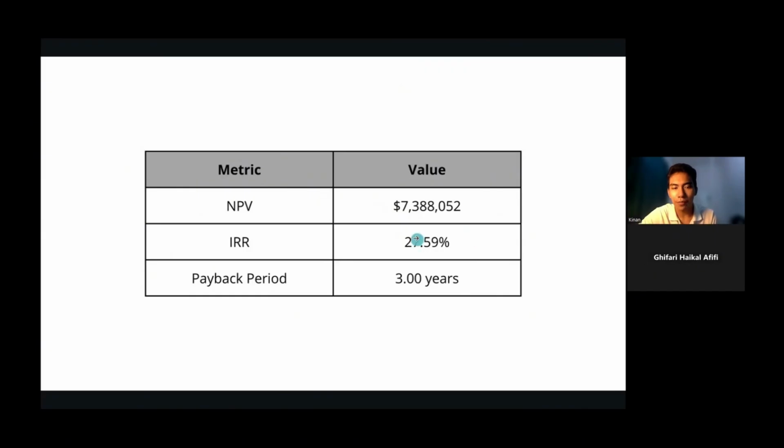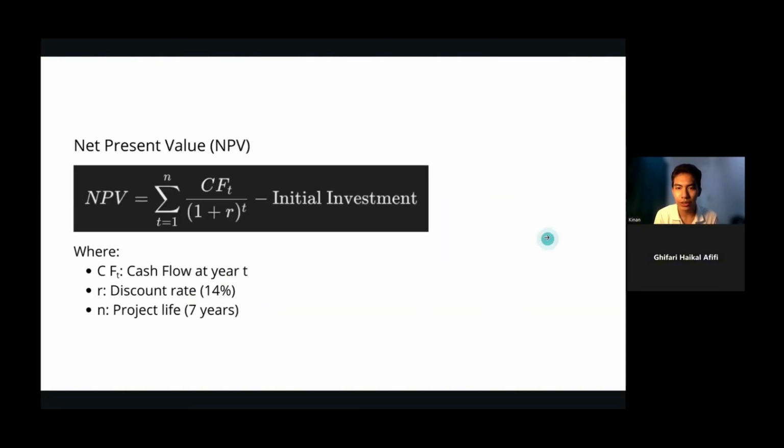For the NPV, I calculated using the standard discounted cash flow formula shown here. We discount each year's cash flow at the 14% cost of capital and subtract the initial investment.